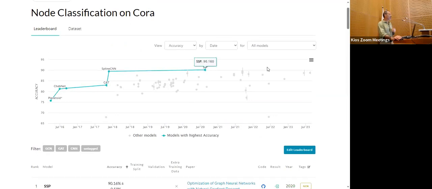And these are the different methods on this benchmark. And if you play with the graph neural network operators, diffusion, graph shift operator, and so on, you reach up to 90%. So there is a huge margin of improvement if you start playing with things.